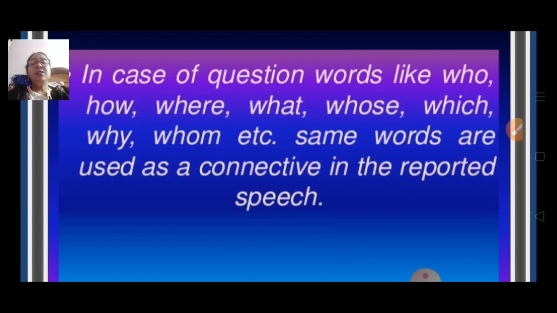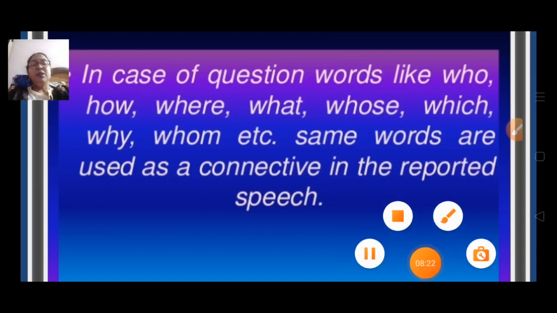So whether it is written do, or are, is, or any auxiliary verbs, it will start with those questions. So whether we have written these types of yes or no questions, or in case of question words like who, how, where, what, whose, which, why, whom, etc., the same words are used as a connective in the reported speech.